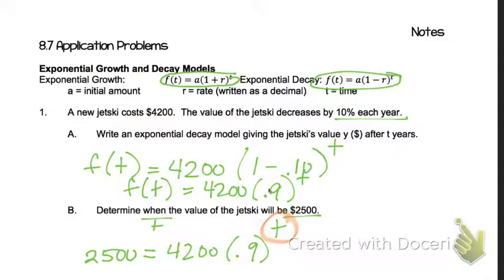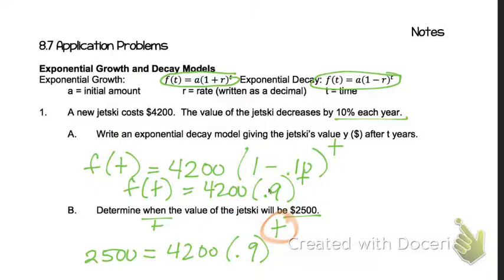So if I were to go about doing this, what do you think my first step would be? If I want to get t by itself, divide by 4,200. So the steps will be the same every time. So if you just memorize these steps, it's going to be like this every time. So I'm going to take 2,500 and I'm going to divide by 4,200 in my calculator.